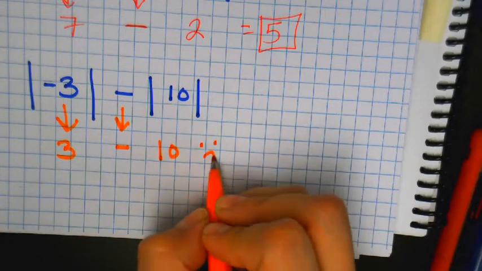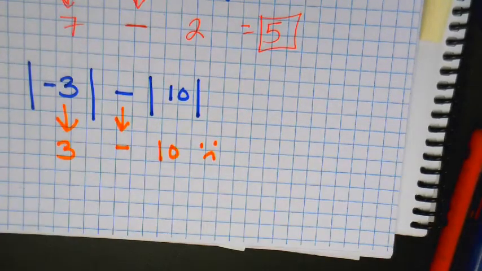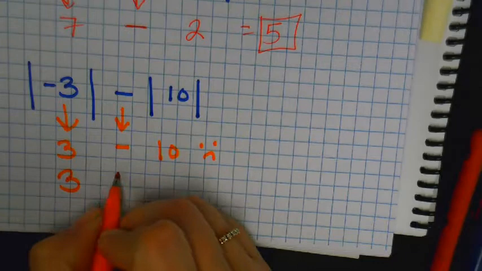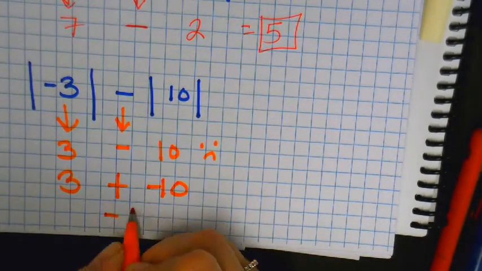Everyone's writing this down. We're not just staring at it, you're actually writing it down. What do we got? Negative 7.